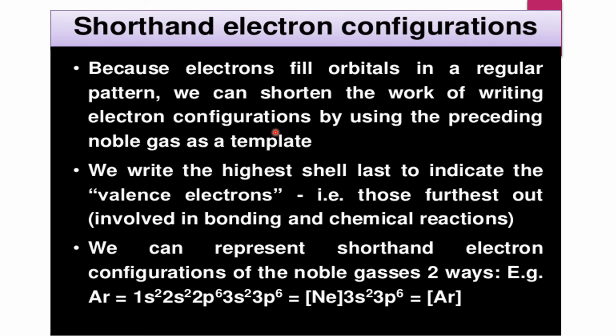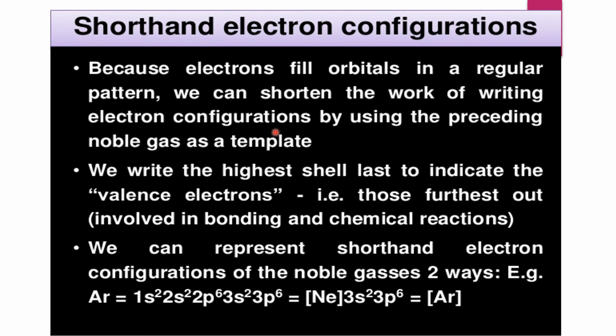So when the electrons are filled in that way, it's difficult to write the electronic configuration of higher elements as 1s2, 2s2, 2p6, and so on. So to lessen the work, shorthand electronic configuration can be followed.